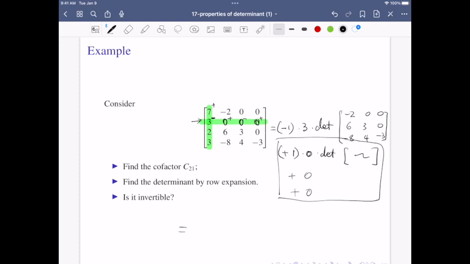At the end, the determinant of this matrix is given by negative 1 times 3 times the determinant of this 3 by 3 matrix, which is a lower triangular matrix. In other words, the determinant is simply the multiplication of the 3 diagonal numbers: negative 2, 3, negative 3. So at the end, we get negative 54.